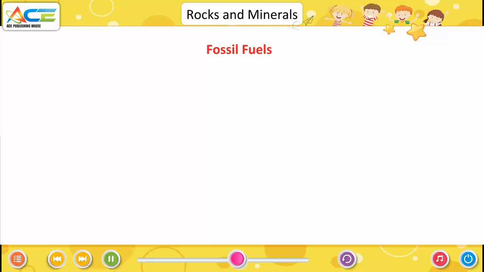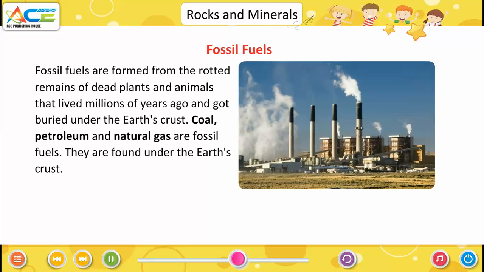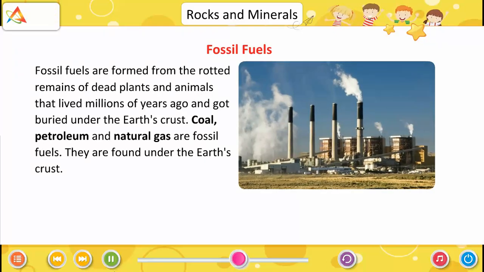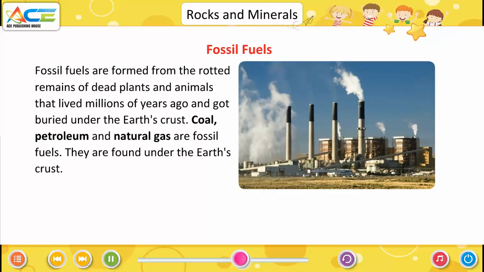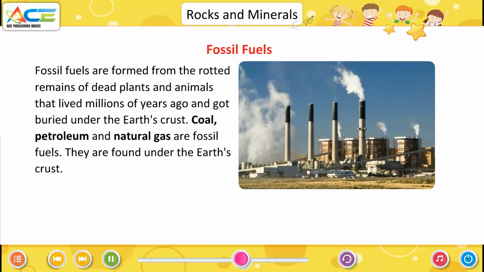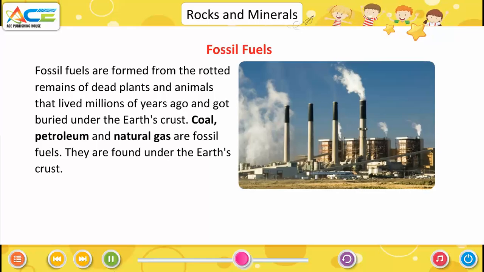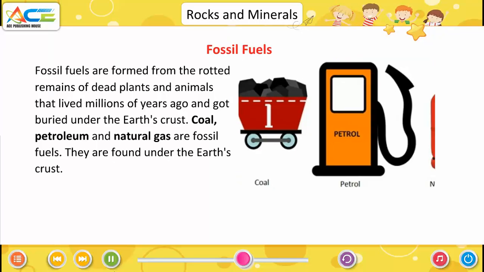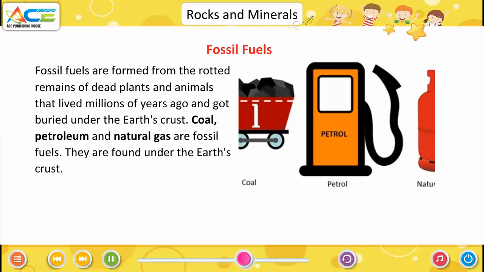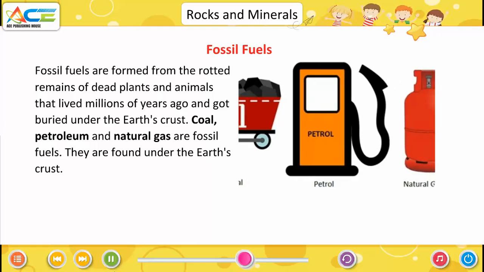Fossil fuels. Fossil fuels are formed from the rotted remains of dead plants and animals that lived millions of years ago and got buried under the Earth's crust. Coal, petroleum and natural gas are fossil fuels.